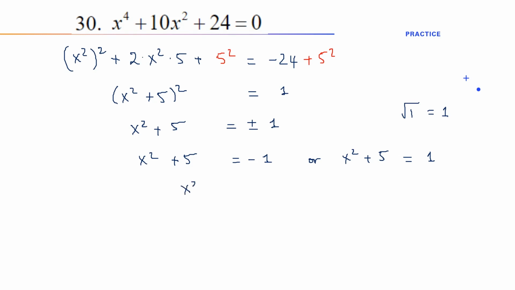So we have x squared equal negative 6. This side x squared equal negative 4. X equals plus or minus i square root of 6. X equals plus or minus 2i.